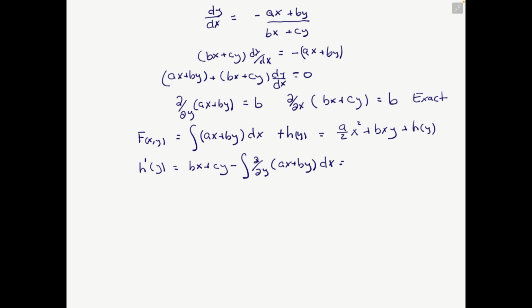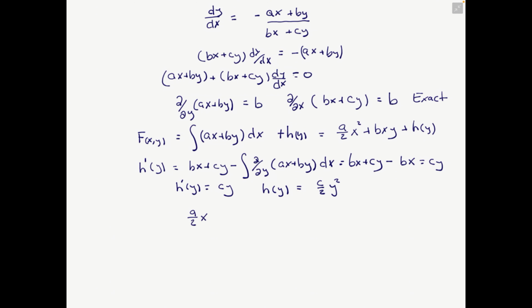All right, so now all we have to do is find h of y, and so we have h prime of y is equal to bx plus cy minus the partial with respect to y of the integral of ax plus by dx, and that's equal to bx plus cy minus, now this is bx.